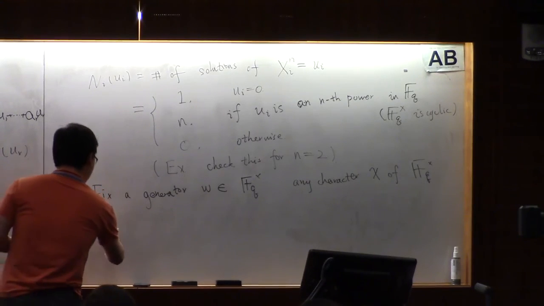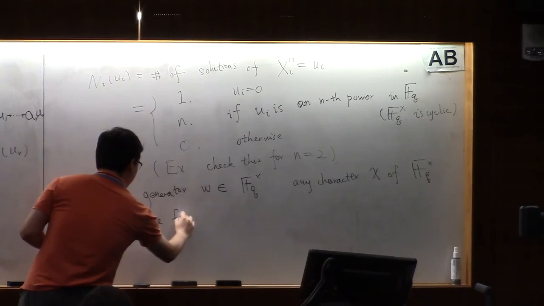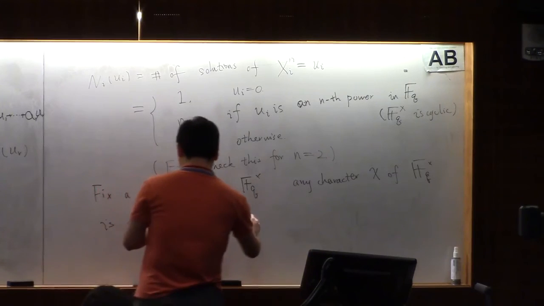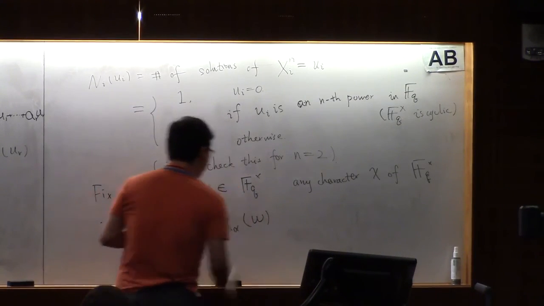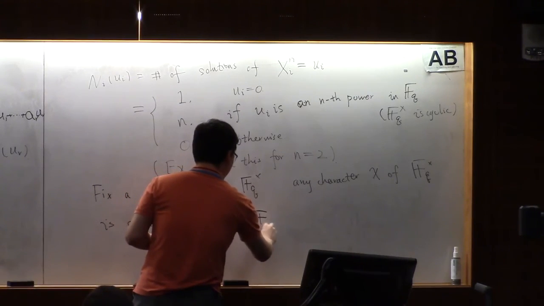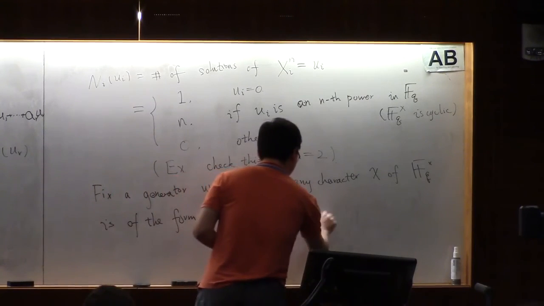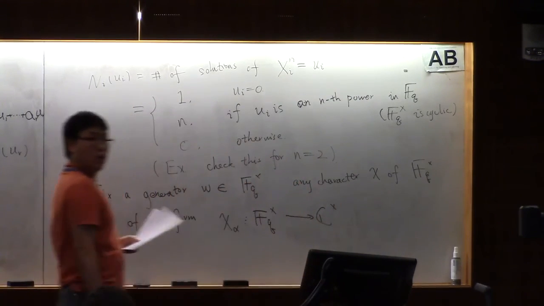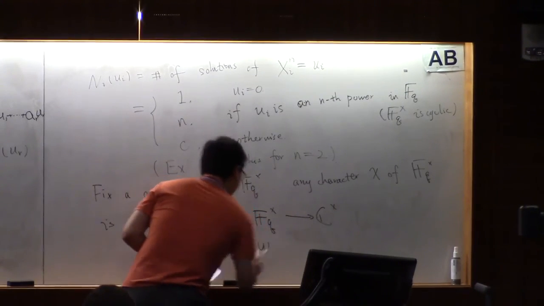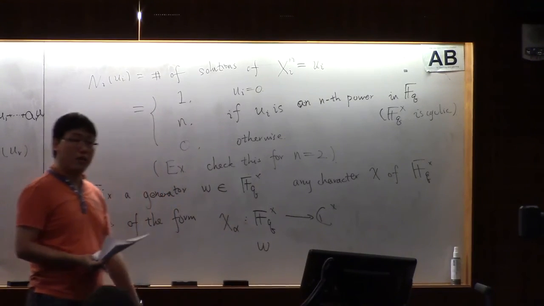So we know that it should be of the form denoted by chi alpha. So this chi alpha is a character, a homomorphism from this multiplicative group to C cross, and such a character is uniquely determined by its value on a fixed generator.